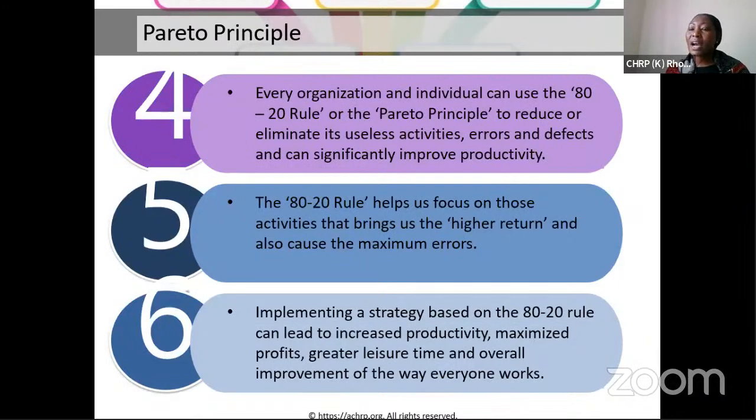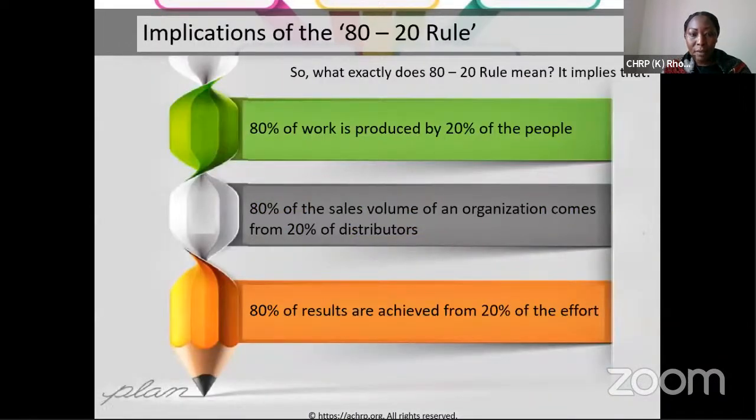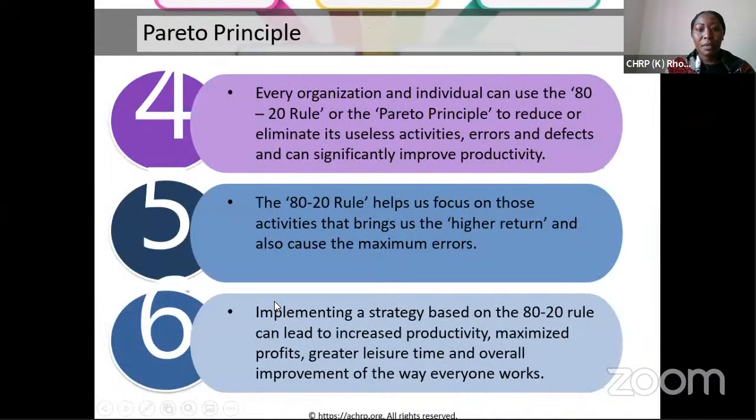That is why we looked at how we boost our productivity using root cause analysis: if we know where to focus our energy, then we'll have sorted most of our issues. Implementing a strategy based on the 80-20 rule can lead to increased productivity, maximized profits, greater leisure time, and overall improvement of the way everyone works.